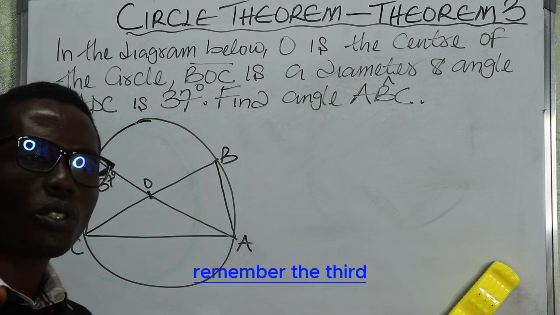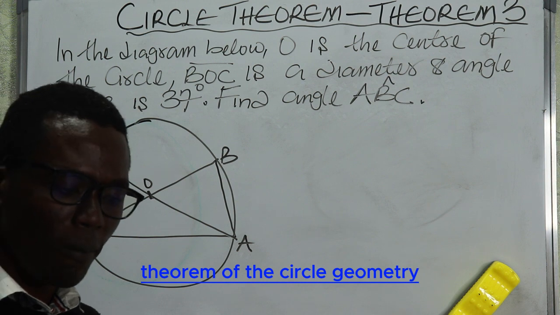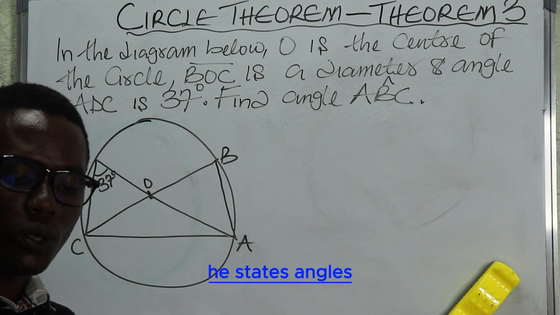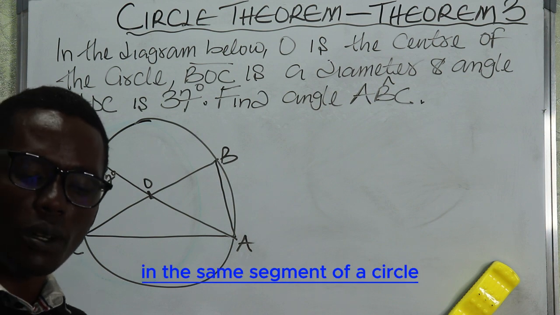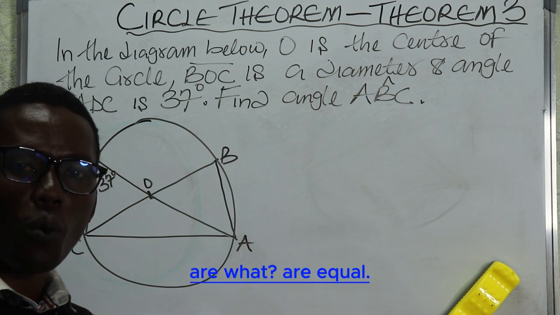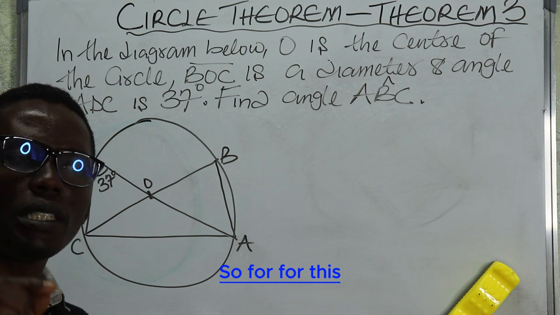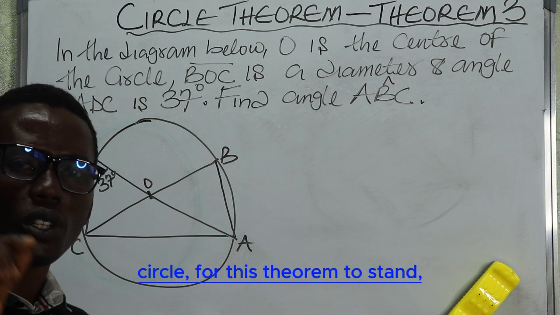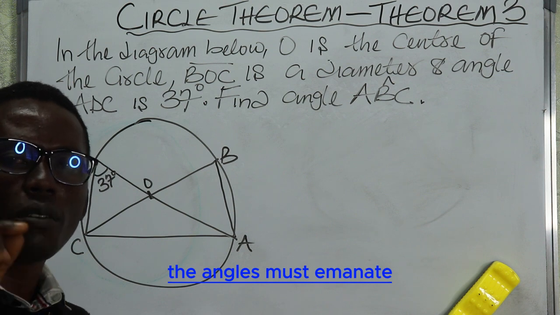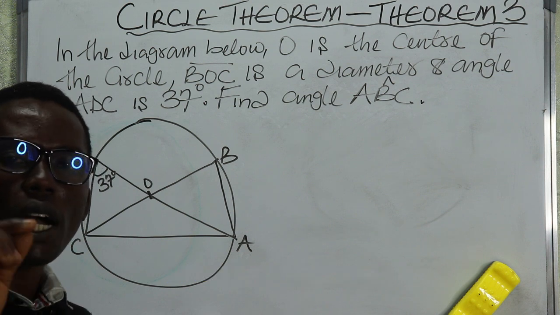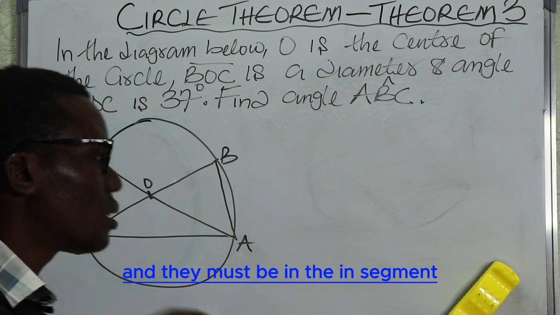Remember the third theorem of circle geometry: angles in the same segment of a circle are equal. So for this theorem to stand, the angles must emanate from the same chord and they must be in the same segment.